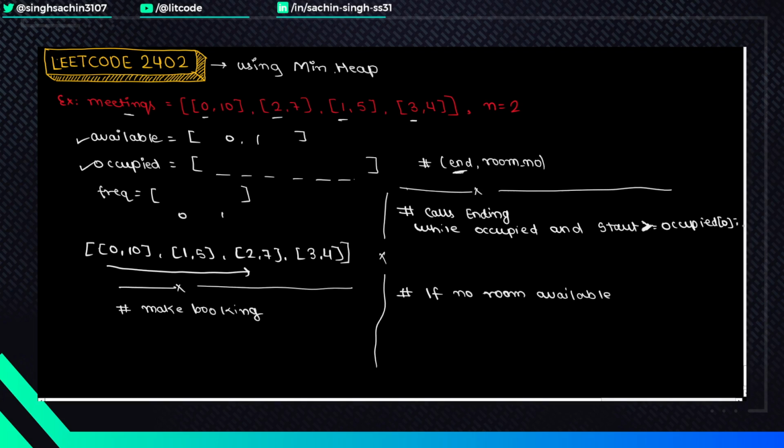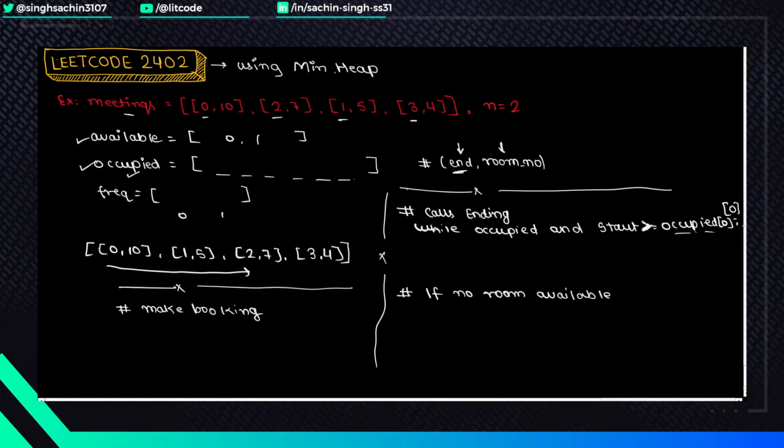Or I think instead of a while statement, we will try to optimize it further. One more thing which I forgot to mention, in this heap I am storing two values. First one is the end time when the meeting is getting ended, and the room number which will be available after it ends. So I'll get the end value of the occupied array.